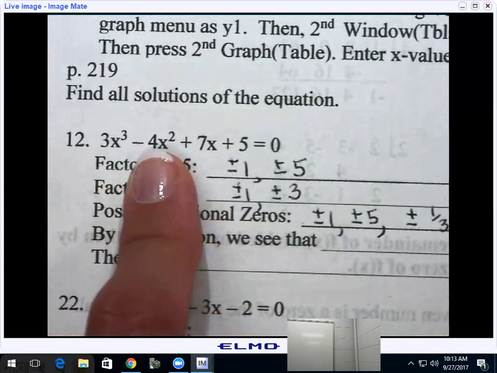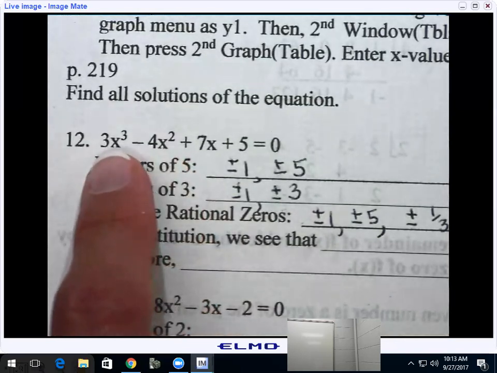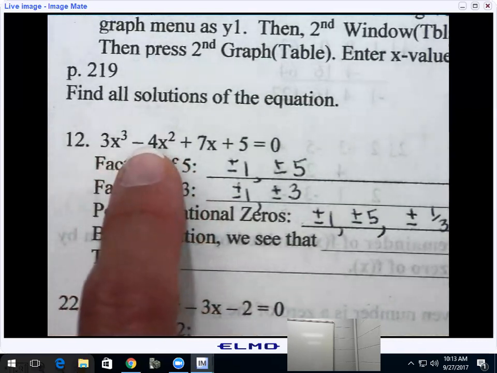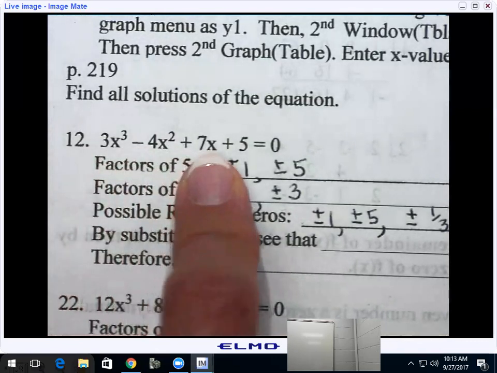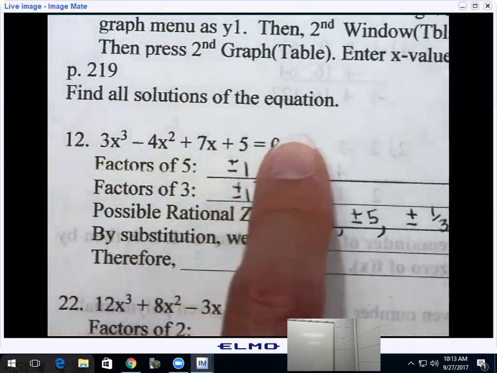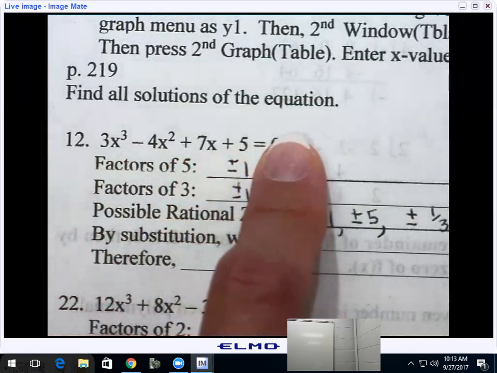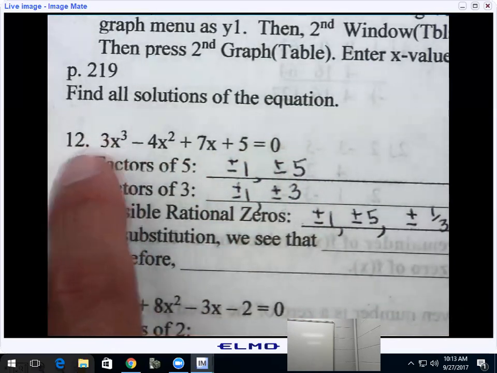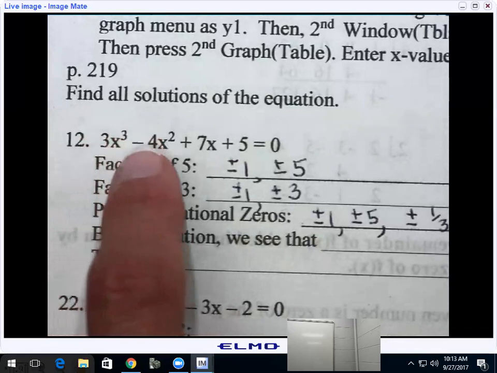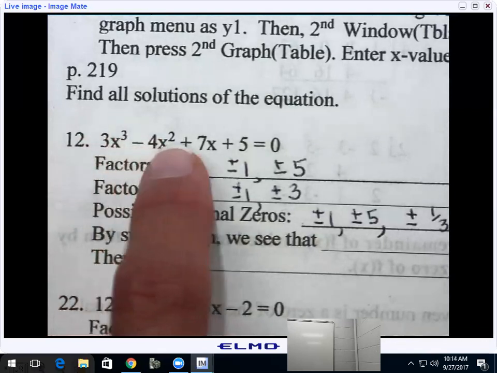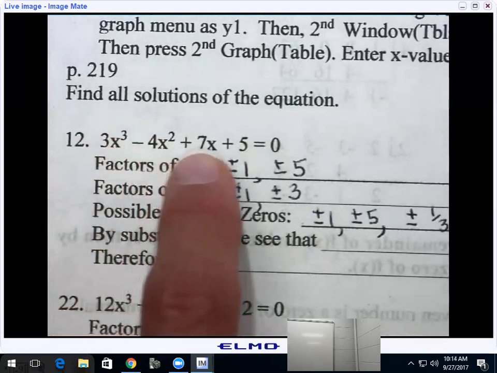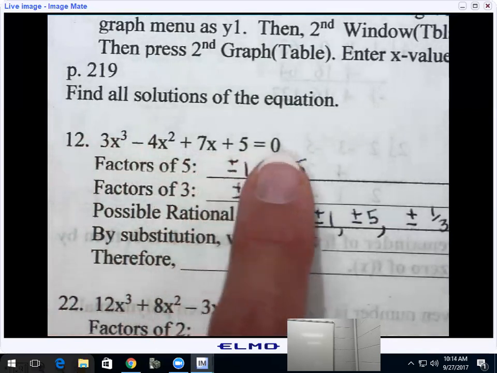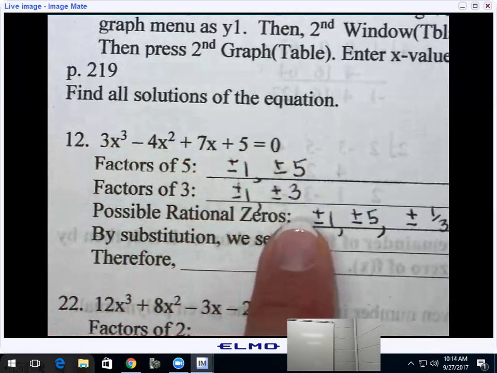Plug them in. Start with a 1. 3 times 1 is 3, minus 4 is -1, plus 7 is 6, plus 5 is not 0. 1 is not the answer. And then -1. -1 would be -3, minus 4 is -7, minus 7 is 0, plus 5 is not 0. -1 didn't work.